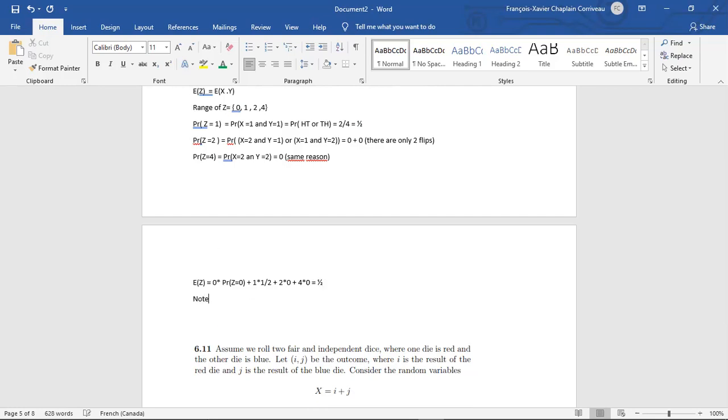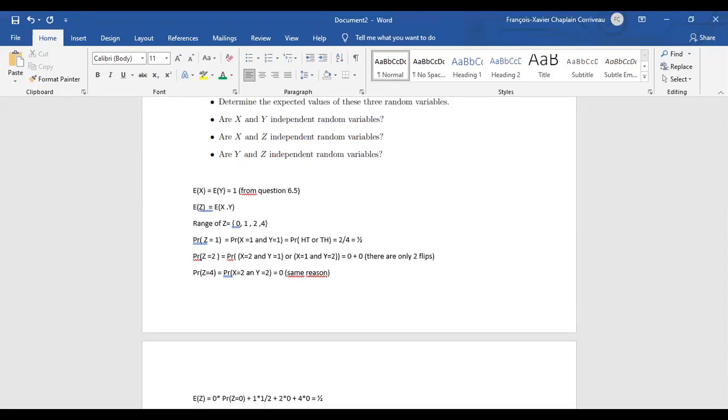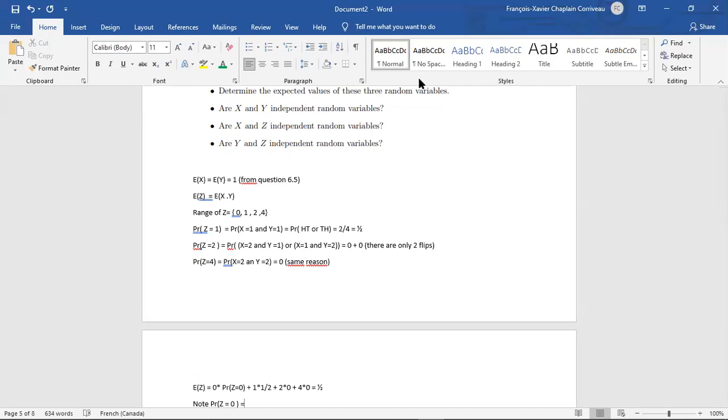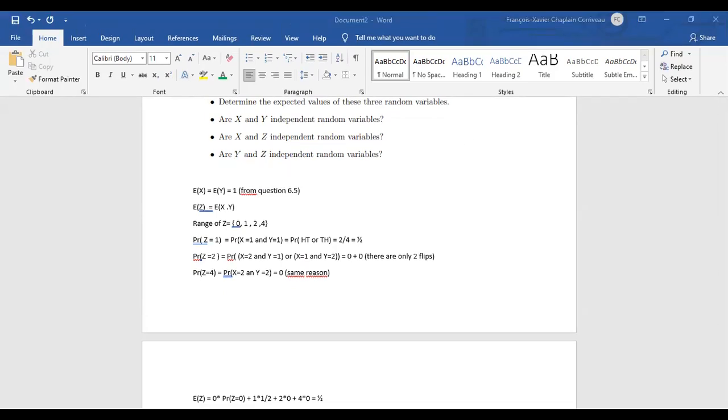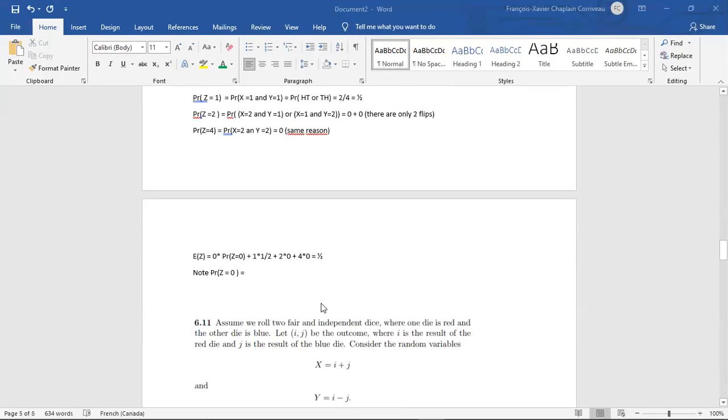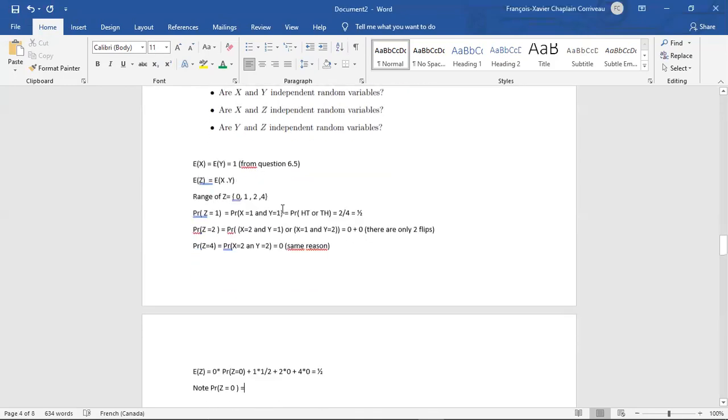Now, note, what is the probability of z is equal to 0? Yeah, I'm finishing this part and then we'll take another break. So here, last question before the break, and then we'll continue.